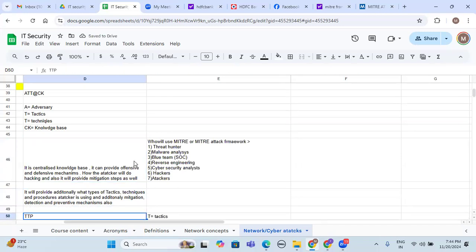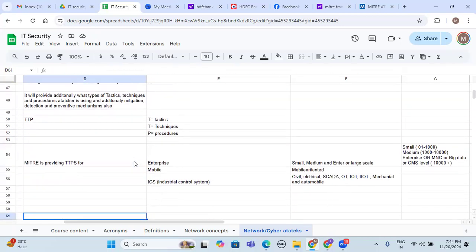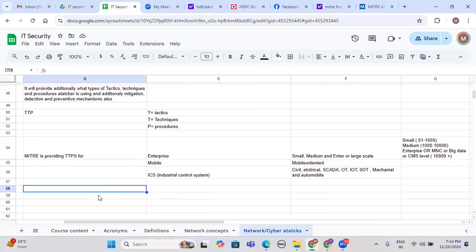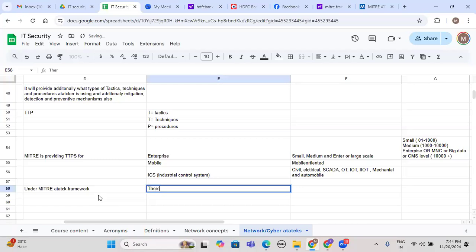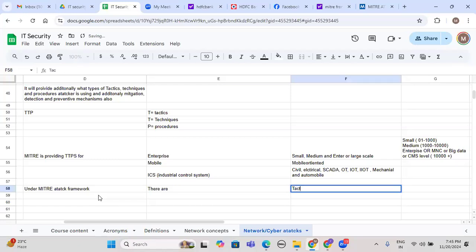Now under Mitre attack framework, there are tactics equivalent to 14, techniques equivalent to 500 plus, procedures also more than 1000 plus.